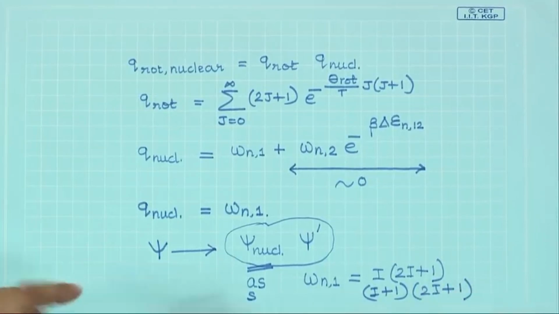So, as you see, if you know what the nuclear spin is from experiments, then you can very easily find out what Q nuclear is going to be.